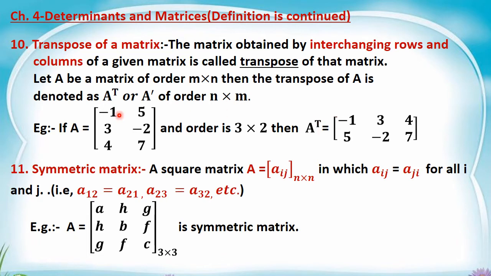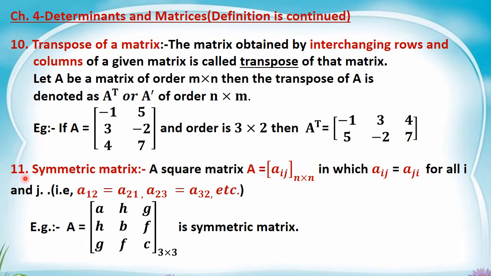The column will become row and row will become column. That is, minus 1, 5 is the first row, so it will become the first column of the transpose. And 3, minus 2, the second row, will become the second column, and the third row, 4, 7, will become the third column of the transpose.